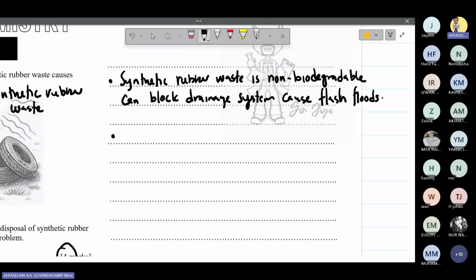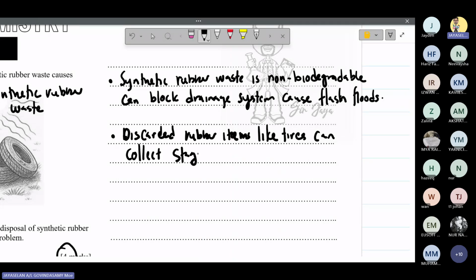Okay, point number 2. So we do what? Discarded, pembuangan, rubber items. Rubber items like what? Like tire. In the diagram they give ni waste tire lah. Tires can cause what? Like tires can collect takungan air.